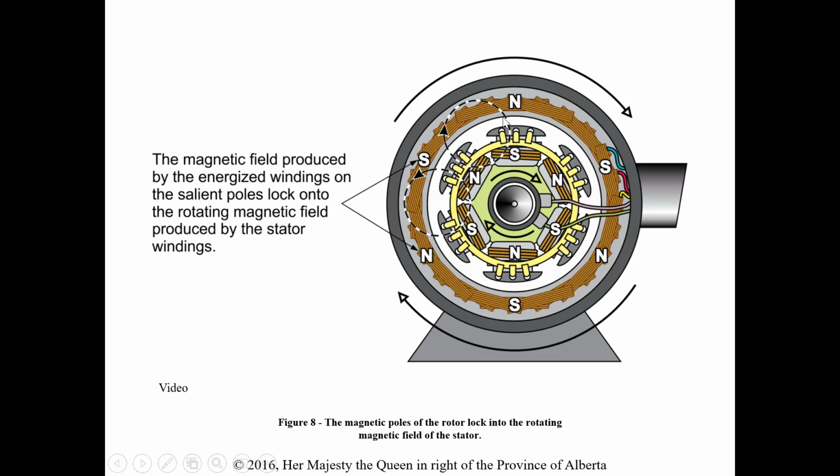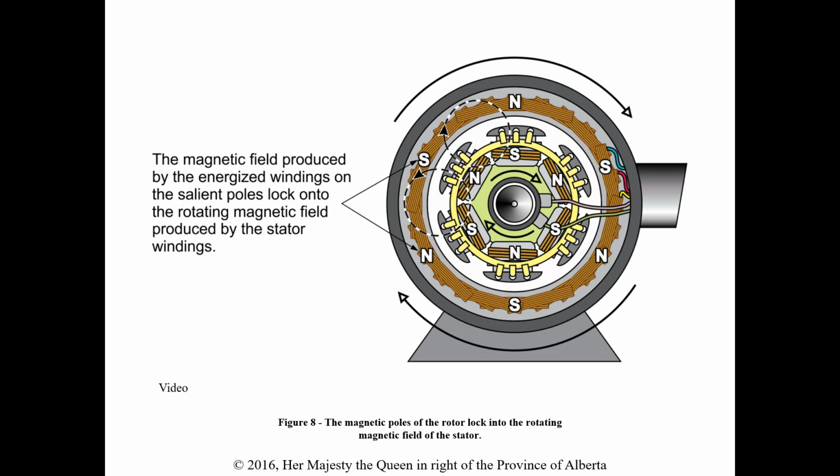So there's a magnetic locking between the rotating magnetic field from the stator, on the outside here, and the magnetic field on the rotor. When they lock on, this rotor is going to spin at the exact same speed, which is our synchronous speed.